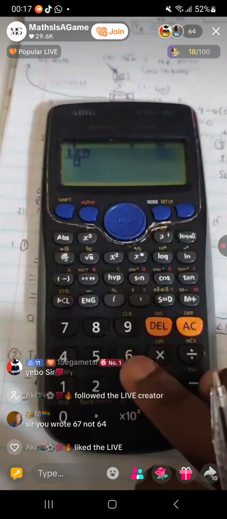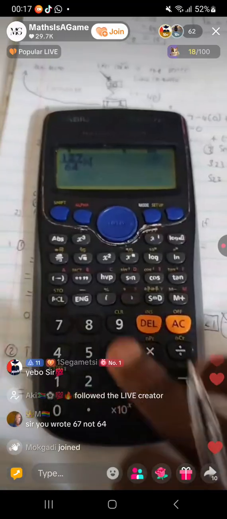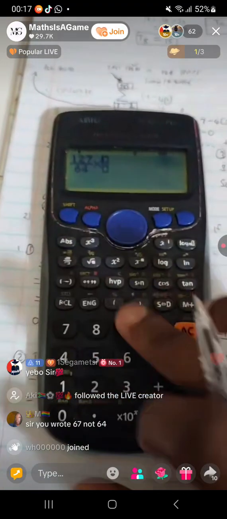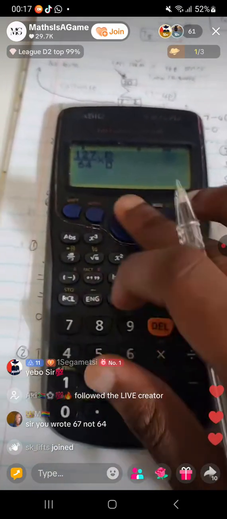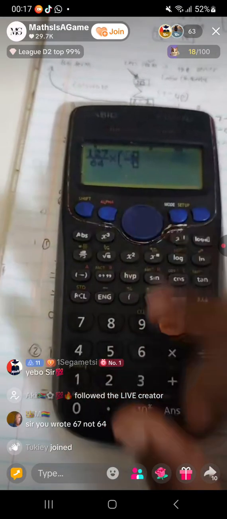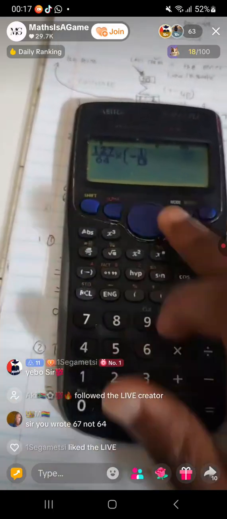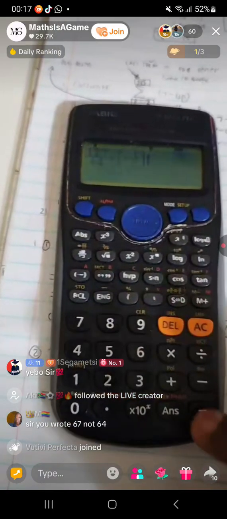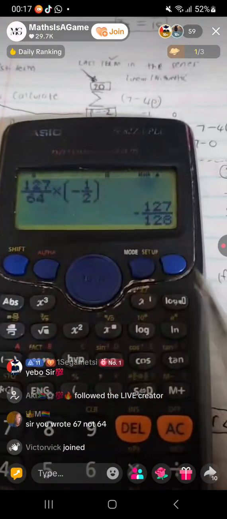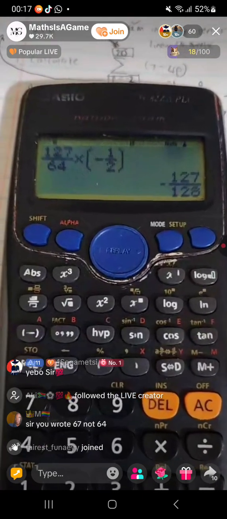127 over 64. We multiply by negative half. We get negative 127 over 128.